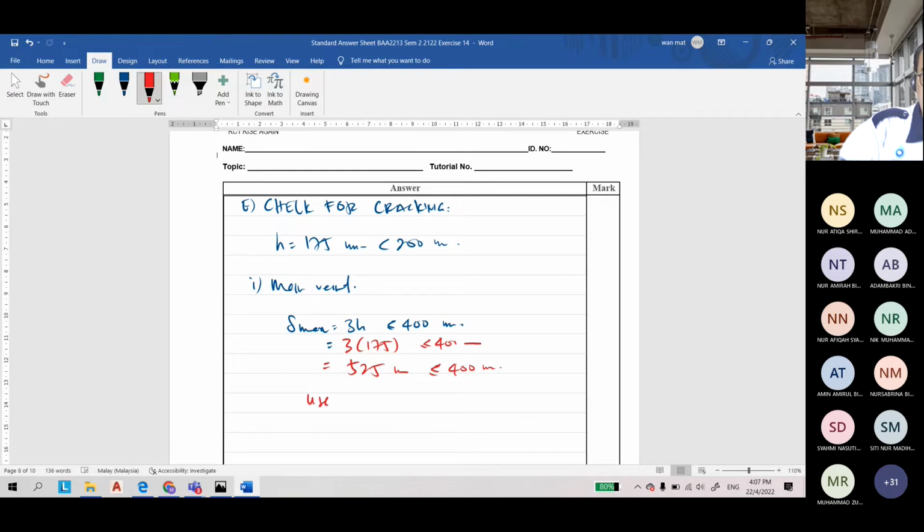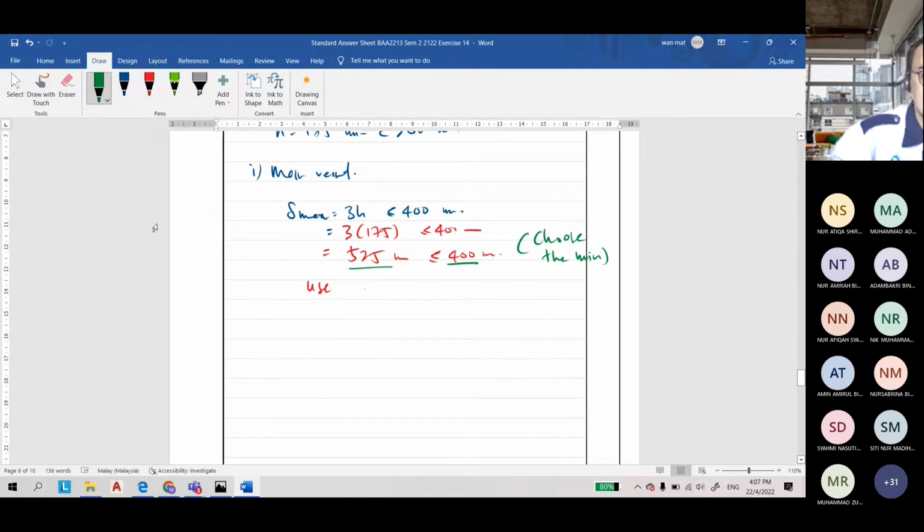So you use the limit. You choose the minimum between 525 and 400. So you use S maximum equal to 400 mm. We provided 225 mm earlier, 225 mm lesser than 400 mm, so it's okay.